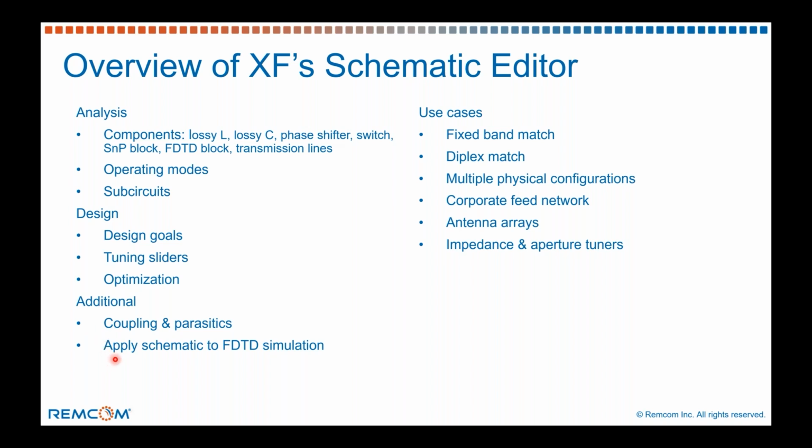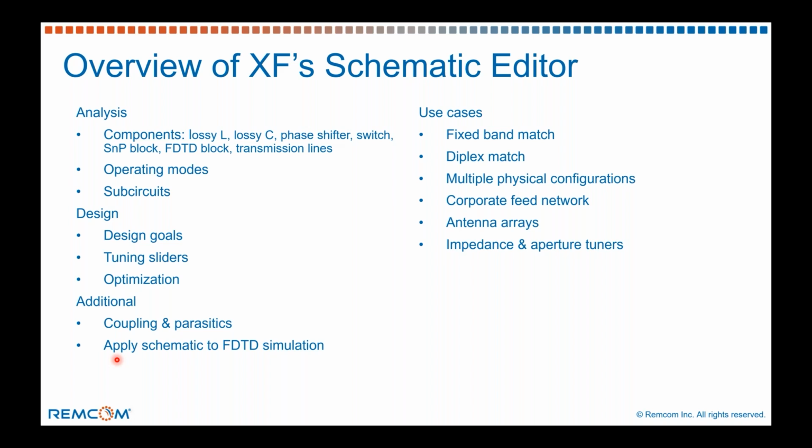And then also we'll talk about how you can take a schematic and apply it back to your full wave simulation, or your FDTD simulation, because there's a demarcation line between what goes on in the schematic and the results that are available in the schematic, often like S parameters, available power, and that sort of thing.